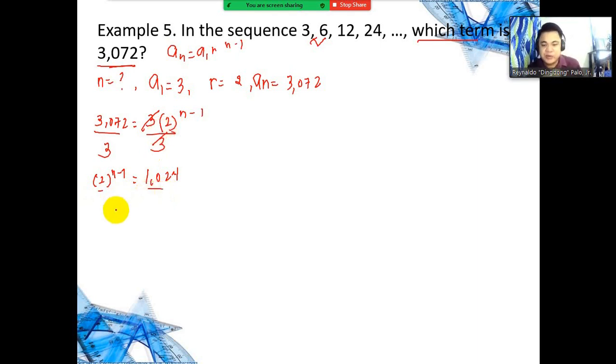We will be factoring it. Okay, so we reach 1024 by multiplying: 2 times 2 is 4, times 2 is 8, times 2 is 16, and then times 2 is 32, times 2 is 64, times 2 is 128.